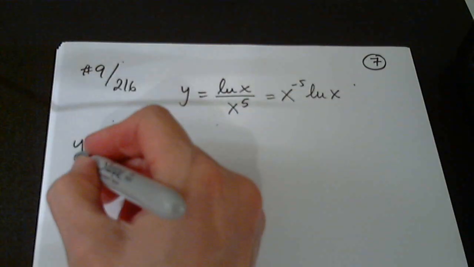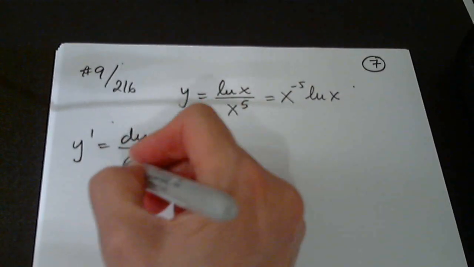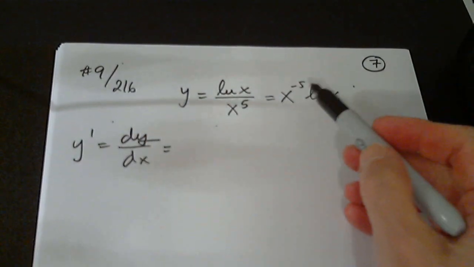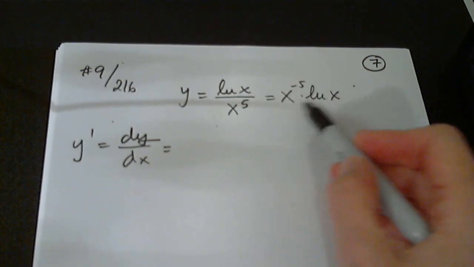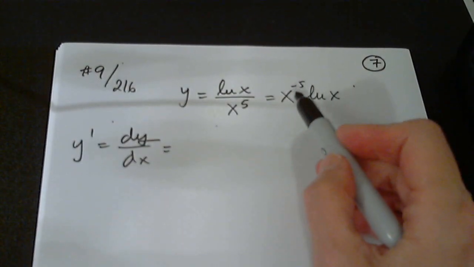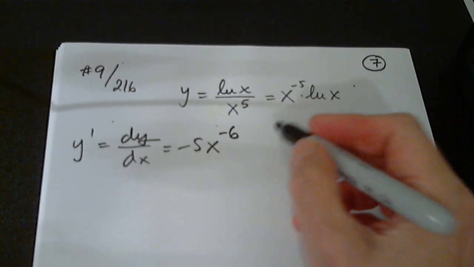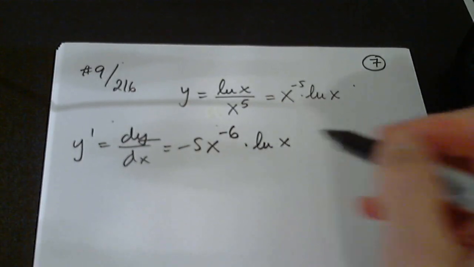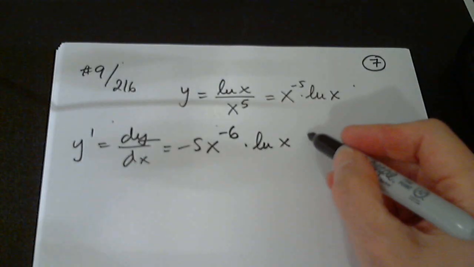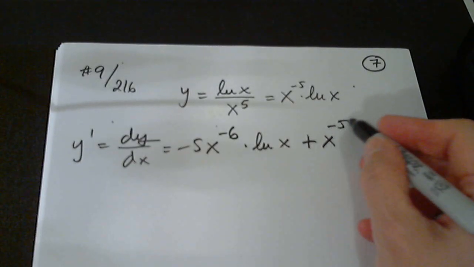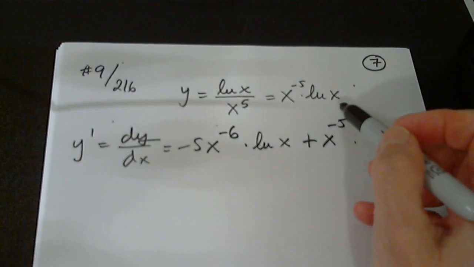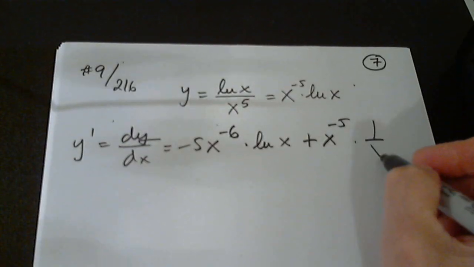So now y prime, or if you want dy over dx, is. Notice that now this is a product. The first function prime, negative 5 x to negative 6, times natural log x, plus x to negative 5 times natural log x prime, which is 1 over x.